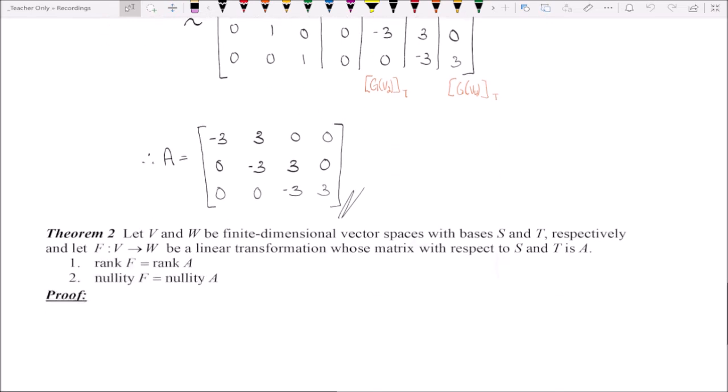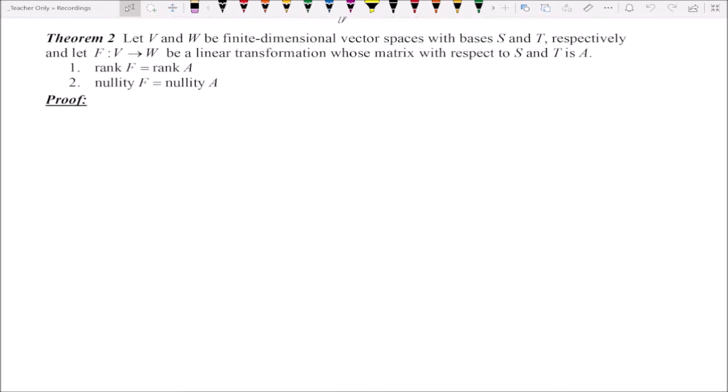So to prove that the rank of the transformation is equal to the rank of its matrix representation, we use the fact that S spans V and that F is a linear transformation.